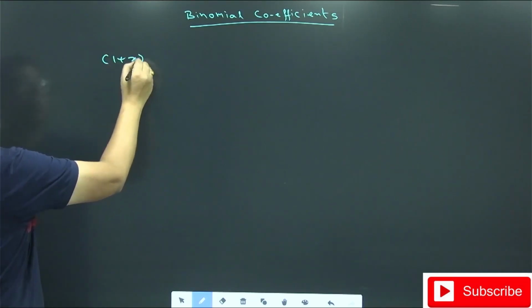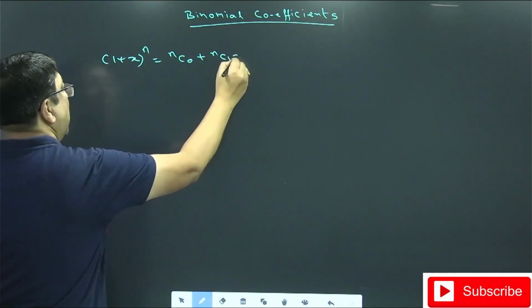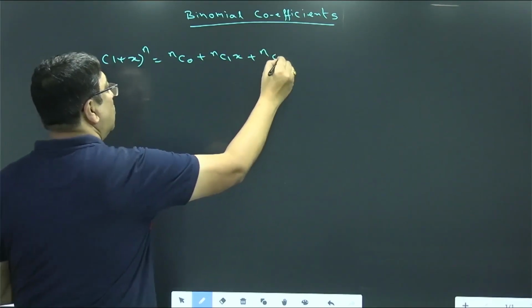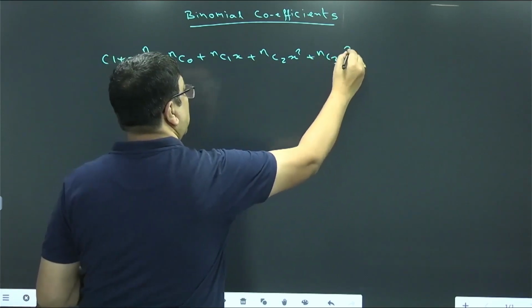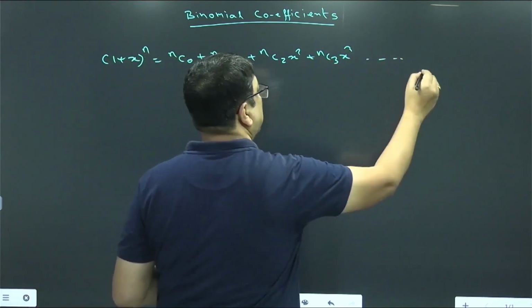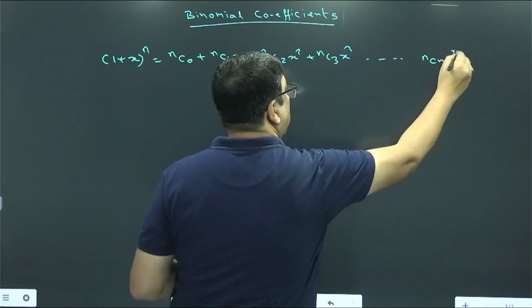(1 + x)^n is nC0 + nC1 x + nC2 x^2 + nC3 x^3 + ... + nCn x^n.